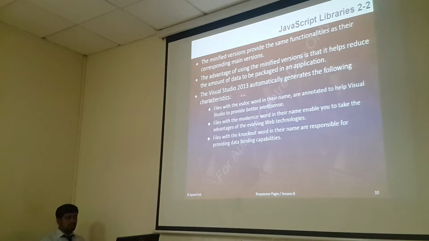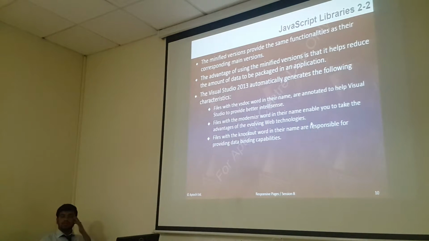Visual Studio 2012 automatically generates the following: files with the "vsdoc" word in their name are annotated to help Visual Studio provide better IntelliSense. Whenever you create a function, it will generate vsdoc functions. Files with the "modernizr" word in their name enable you to take advantage of evolving web technologies.